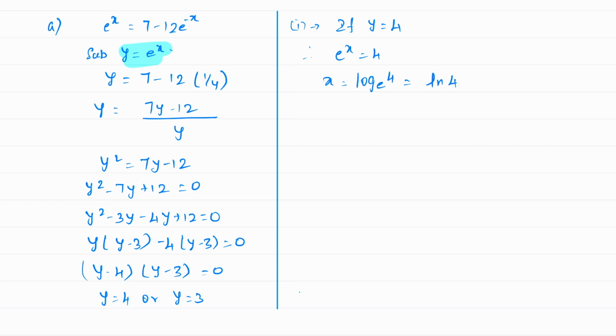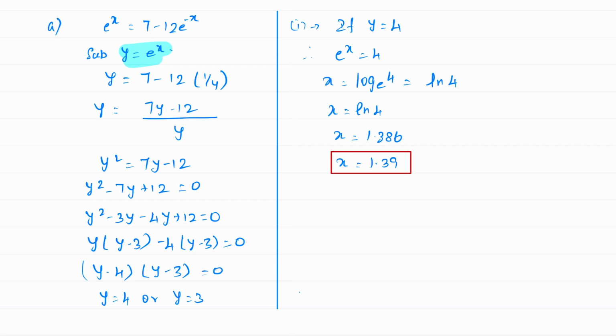So x equals natural log of 4, and if you find the value, x equals 1.386 or x equals 1.39. This is our answer for case 1, if y equals 4.